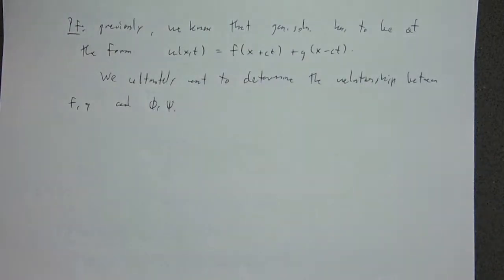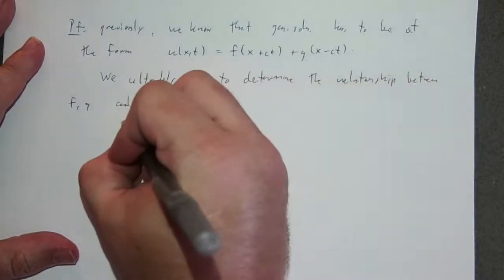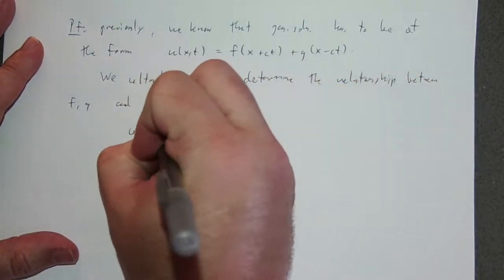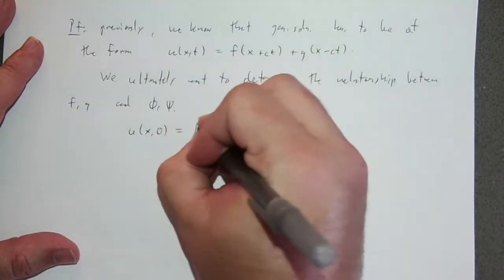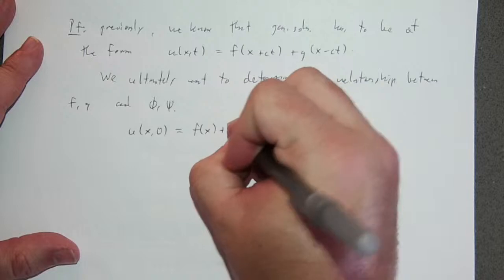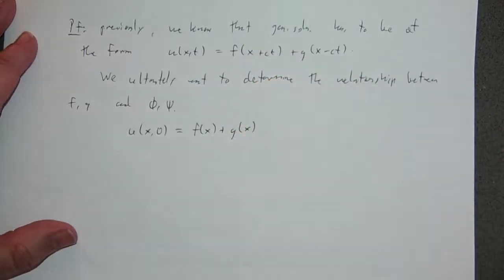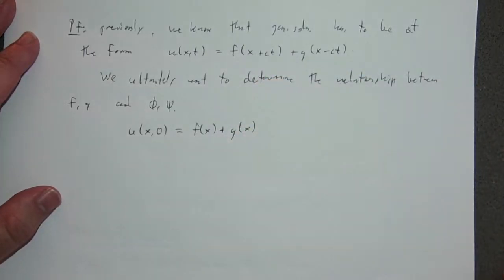That's basically all we're doing here, right? Okay. So then what do I know? I know that u of x,0 is f of x plus g of x. So I know that, right?